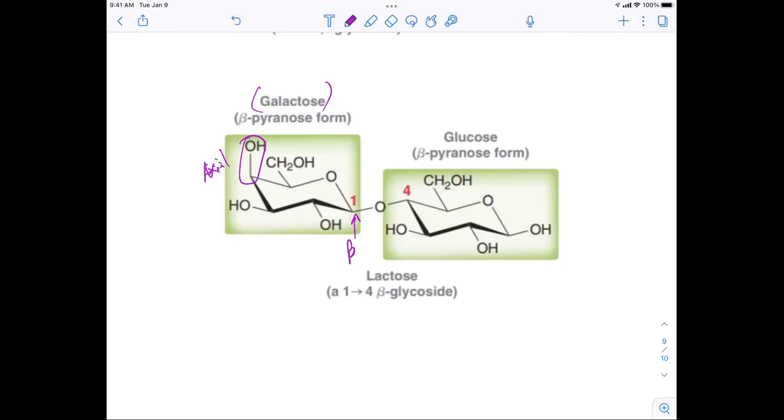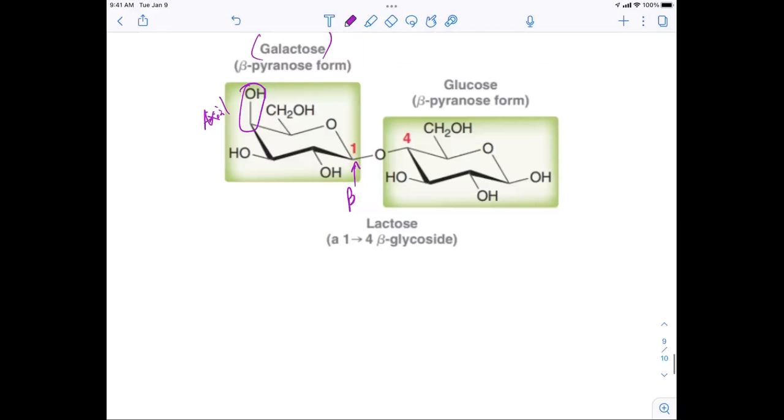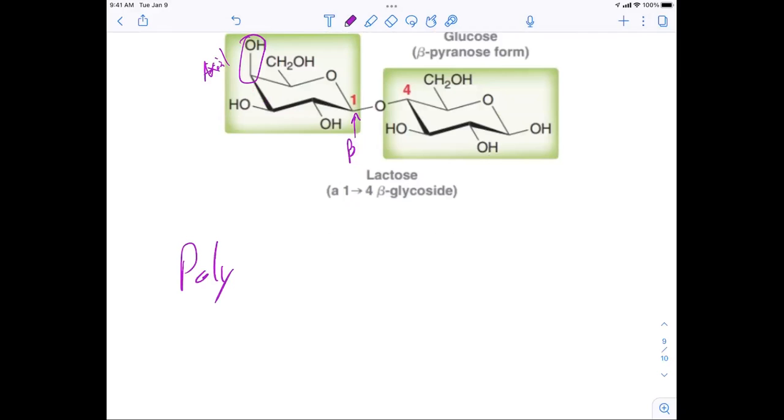And I've got an open side for attack. So I've got an advantage to hydrolyze alpha linkages over beta linkages. Yeah, and we'll see that when we get into polysaccharides next. And the same reason.